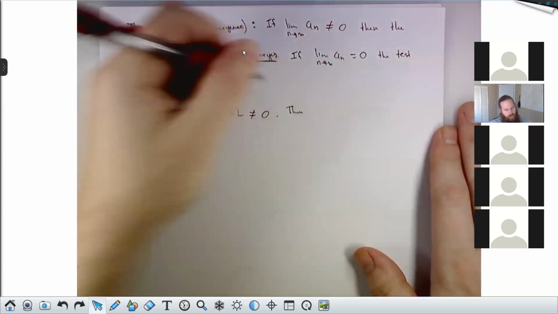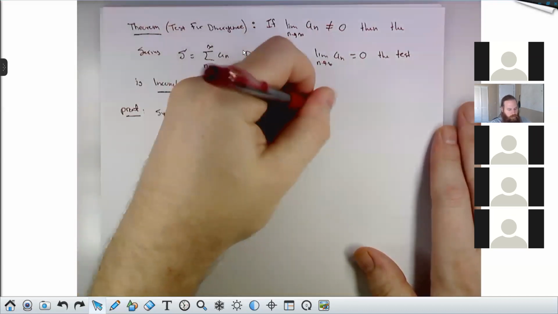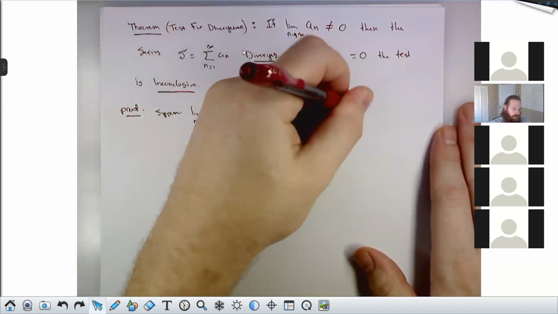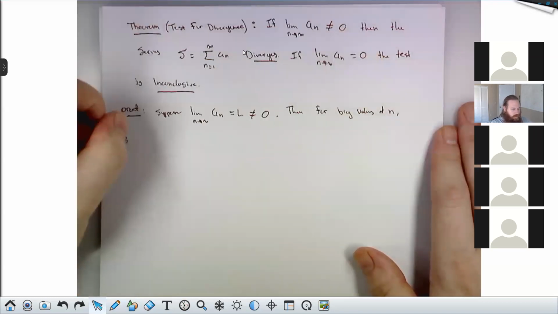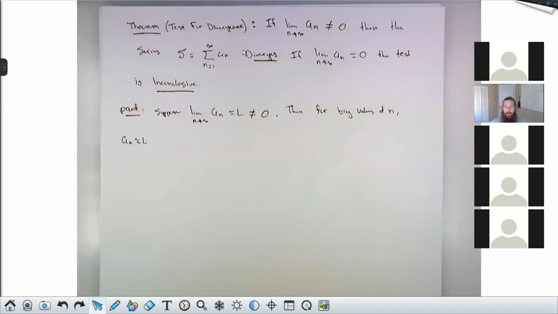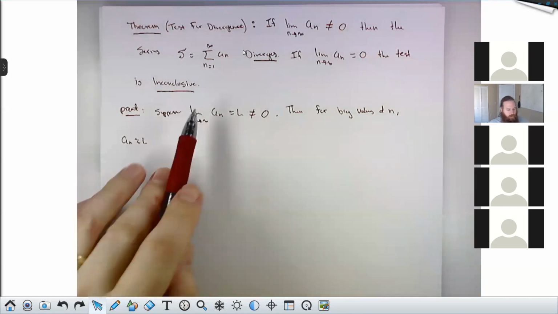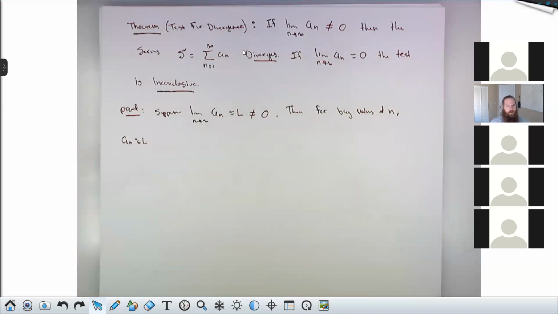Then for big values of n, a_n is very, very close to L. That's what it means to say that the limit of the sequence a_n is L. It means that as n gets bigger and bigger, the a_n's get closer and closer to L, and they stay close to L.